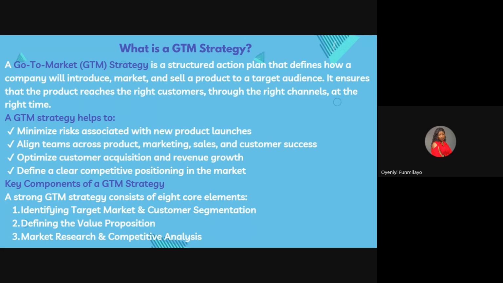Then the third core element for a go-to-market strategy is market research and competitive analysis. As a product manager, you cannot do without research. You have to consistently do research. You're not just doing research about your users, you're also doing market research. When I say market research, that means things that concern that product.